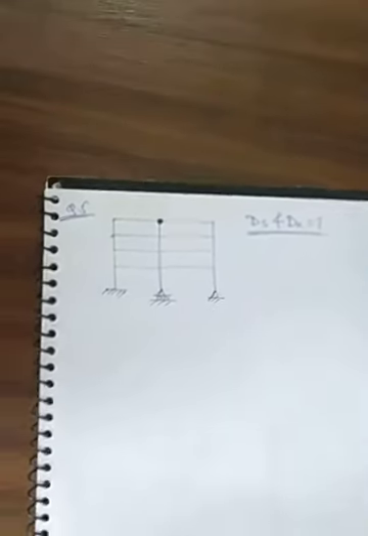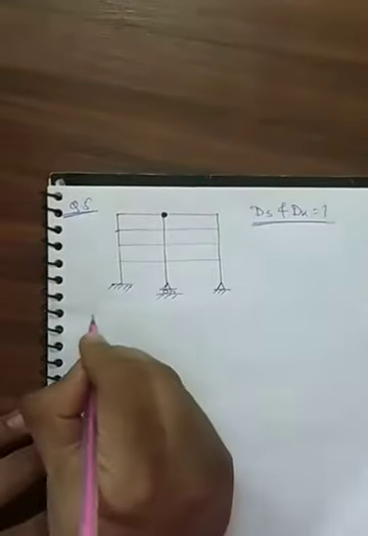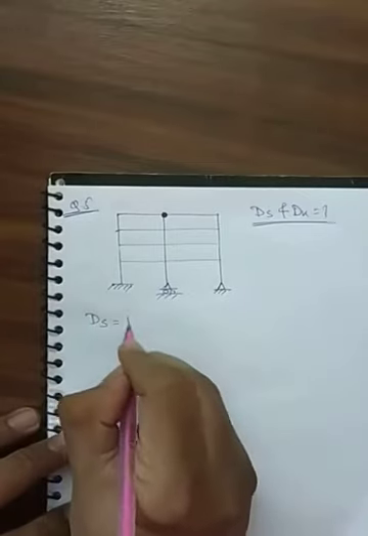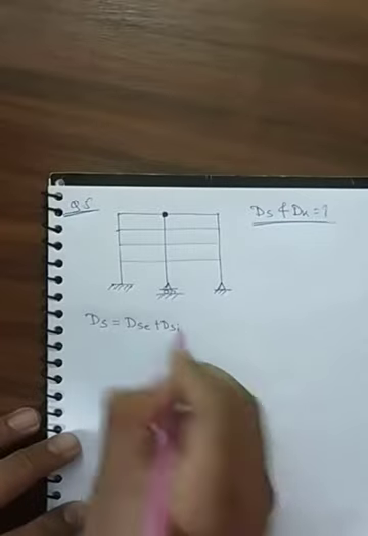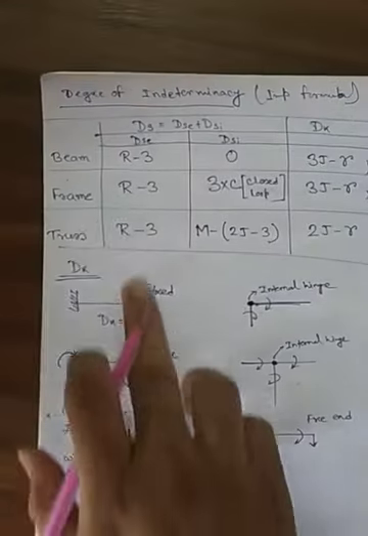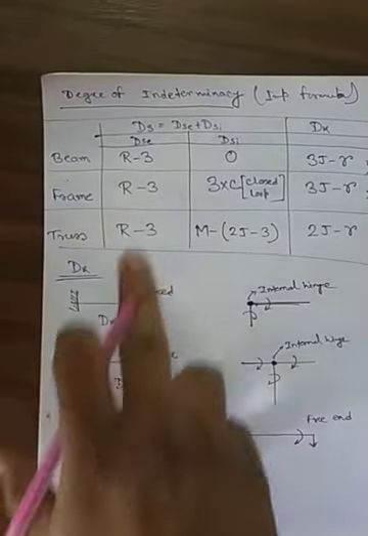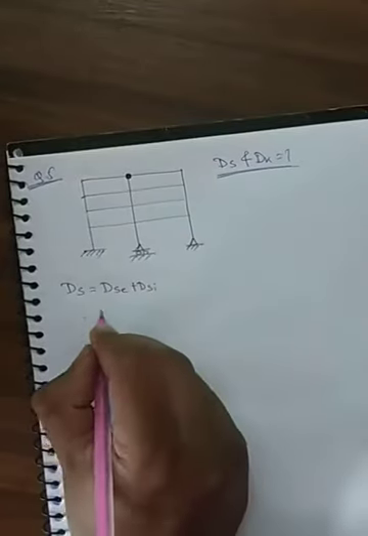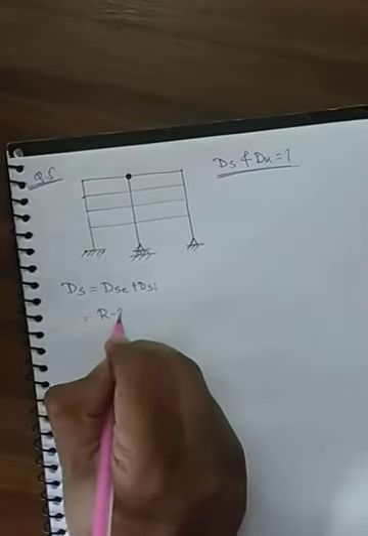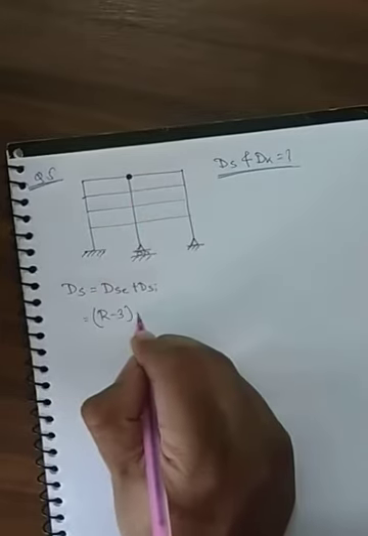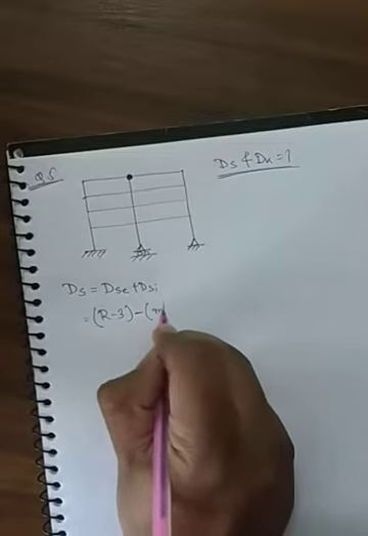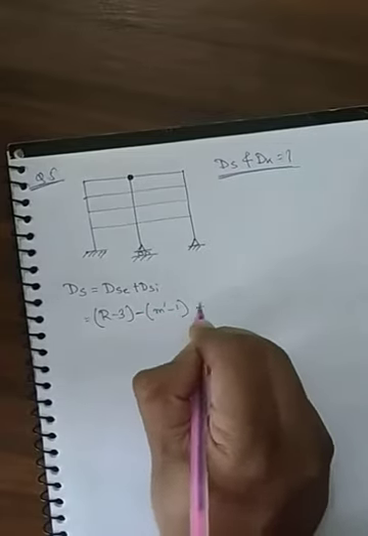Now this is a portal frame structure. So for determining ds, you have to know what is dse and what is dsi. In case of dse, from the previous class for portal frame, dse is r minus 3, and this is the internal hinge, so m dash minus 1, plus dsi.